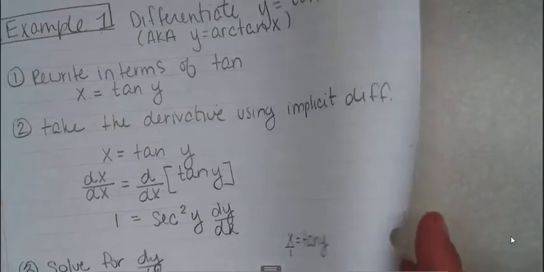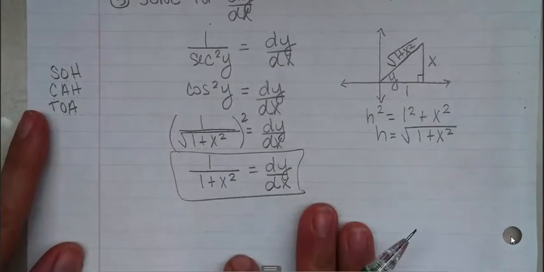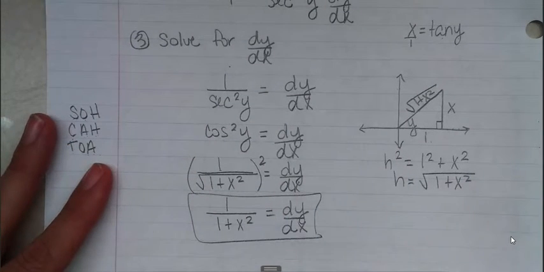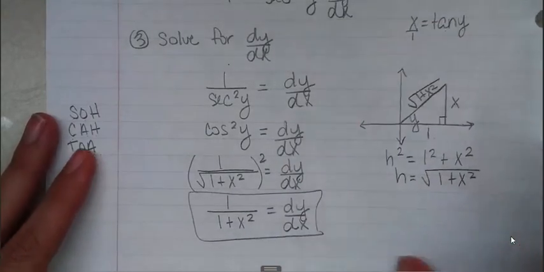Okay, so I've made you suffer long enough. Now you need to be able to do this. Okay, you need to be able to come up with the derivative of these guys using implicit differentiation, going through this. However, you can also memorize them or write them on a note card.